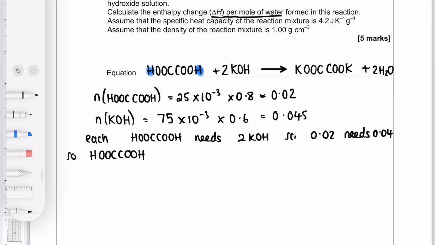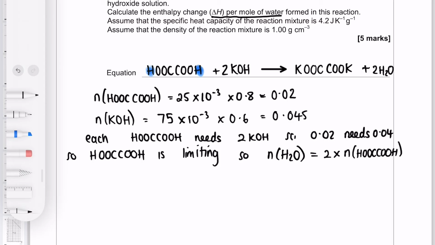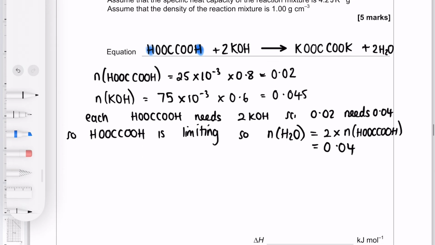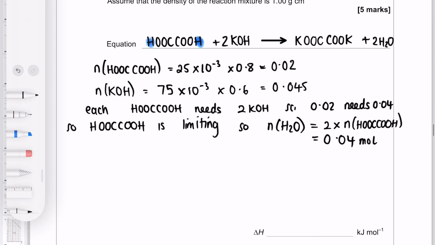There's more KOH than there is acid, which means that we're going to limit our reaction by the acid, which means the moles of water will be found from the moles of acid, and the moles of water is 2 times the moles of the ethane dioic acid from the balanced equation. So it's 0.04. Okay, so that's going to be the moles we use in the delta H calculation.